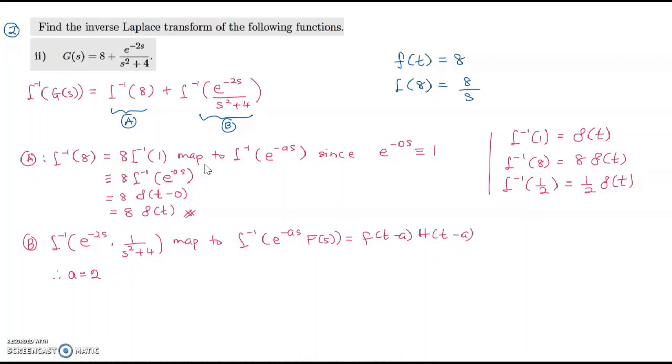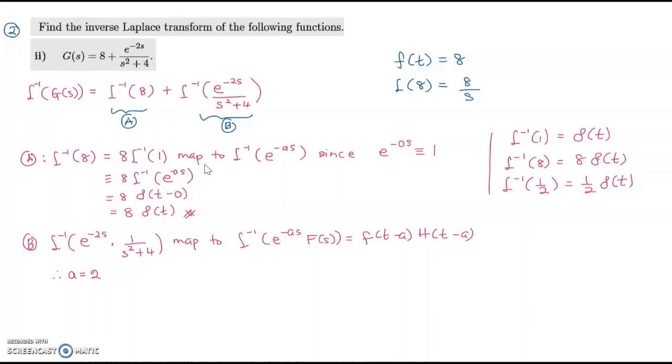So be careful. Sometimes the mistake comes from this part as well. A equals 2 versus a equals negative 2. You are mapping exponent negative 2s with exponent negative as, so a is supposed to be positive 2, not negative 2.